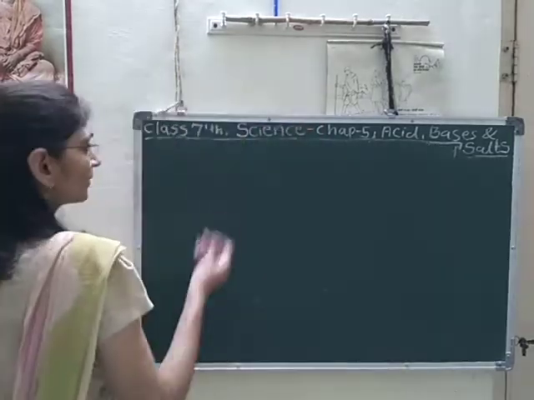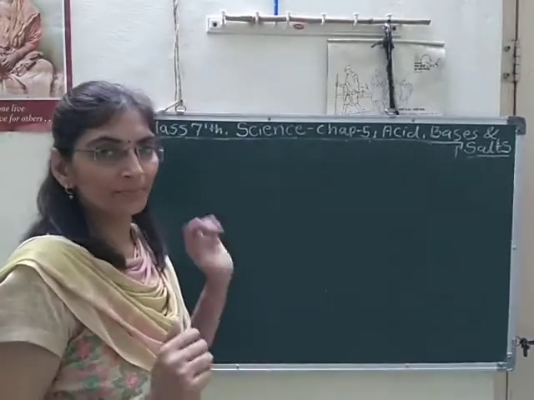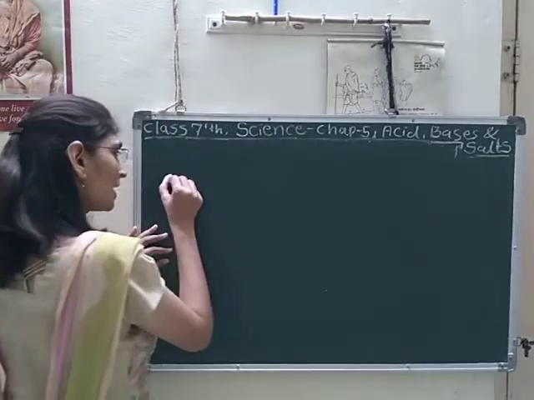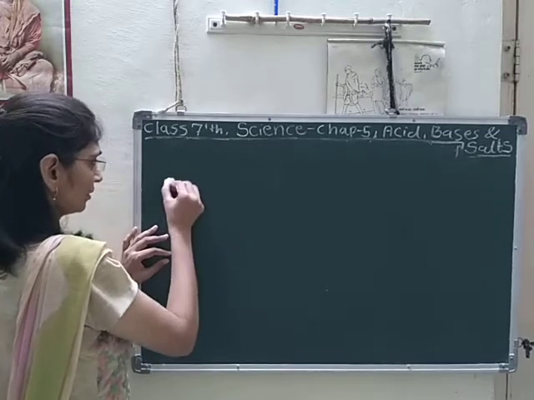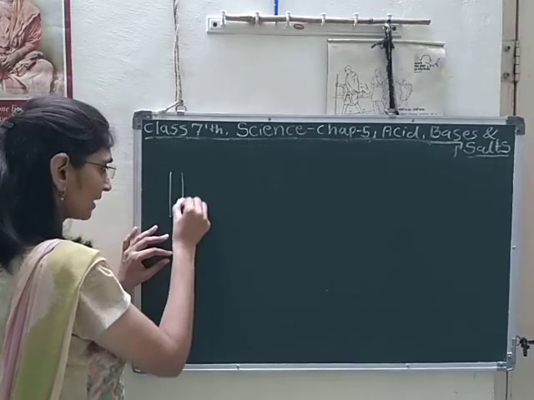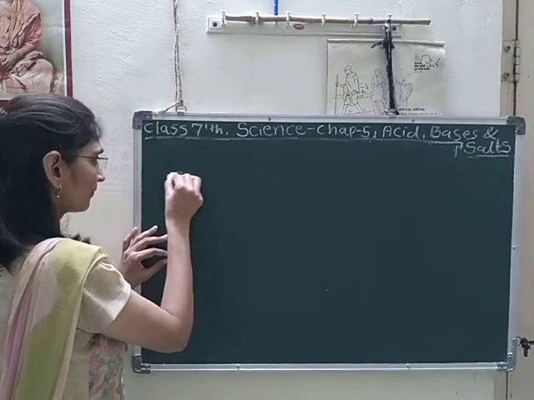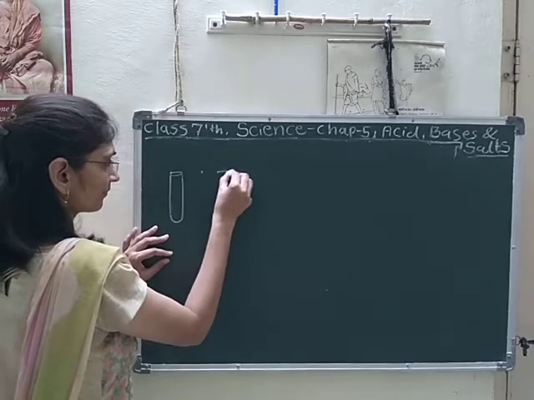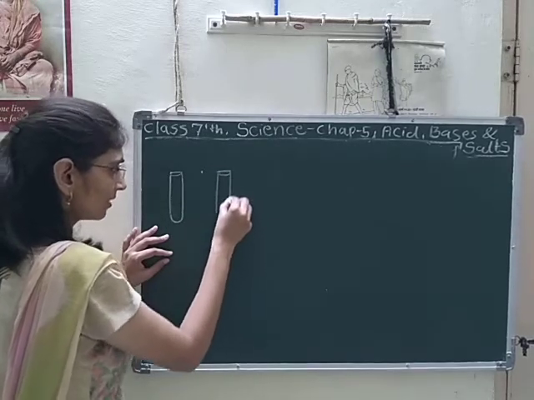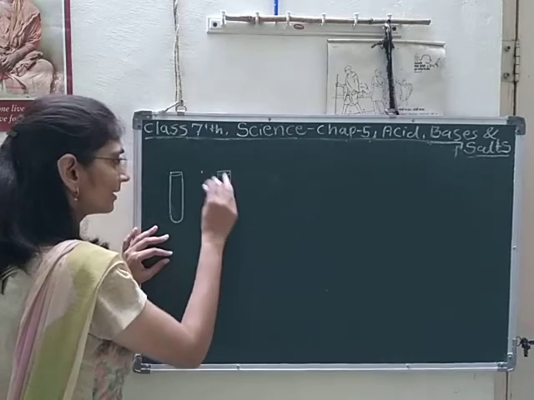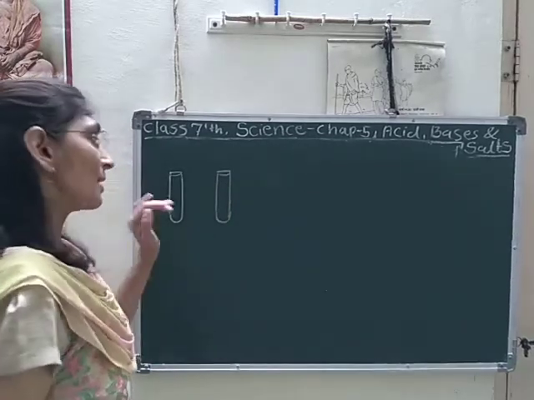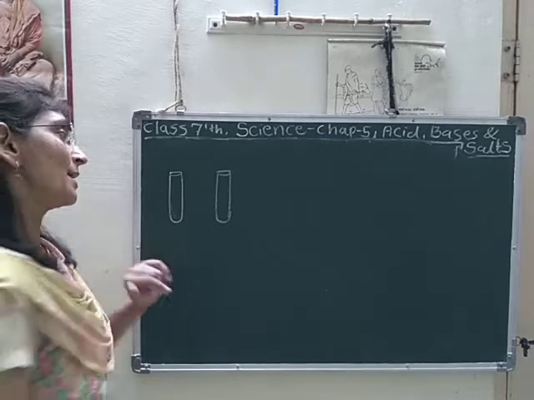So what do we have to do for this experiment? We have to take two test tubes here. One test tube has dilute HCl and another test tube has dilute NaOH.